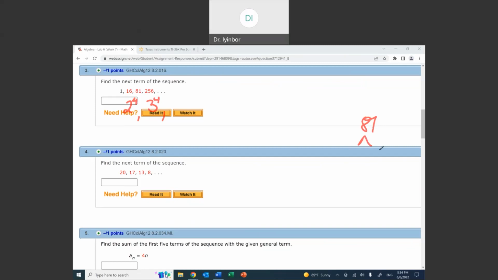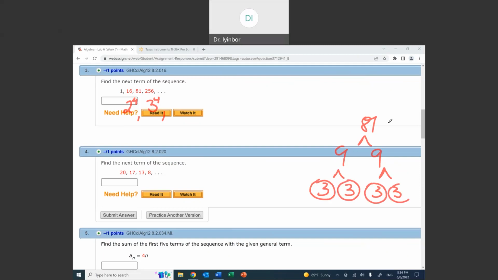And 9 breaks down to 3 times 3, and the other 9 is 3 times 3. So actually 81 is 3 times 3 times 3 times 3, which means 3 to the 4 power. So 3 to the 4 is 81.